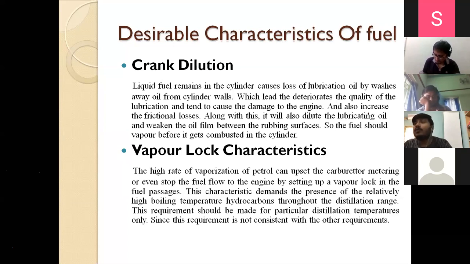But if the volatility is more, that means the vaporization is more, more fuel comes inside the cylinder, which may not burn, because we have an air fuel ratio. That means a certain amount of air can burn a certain amount of fuel, not beyond that. It is 15:1. That is the air fuel ratio.